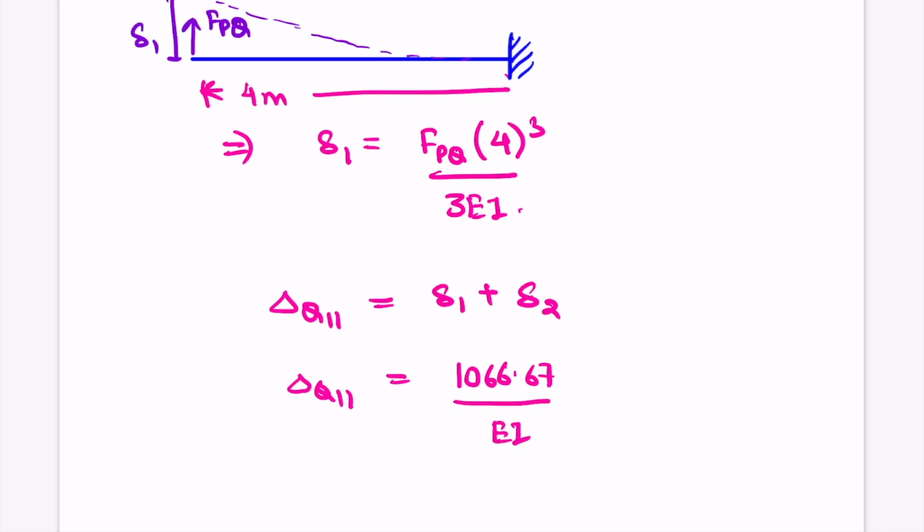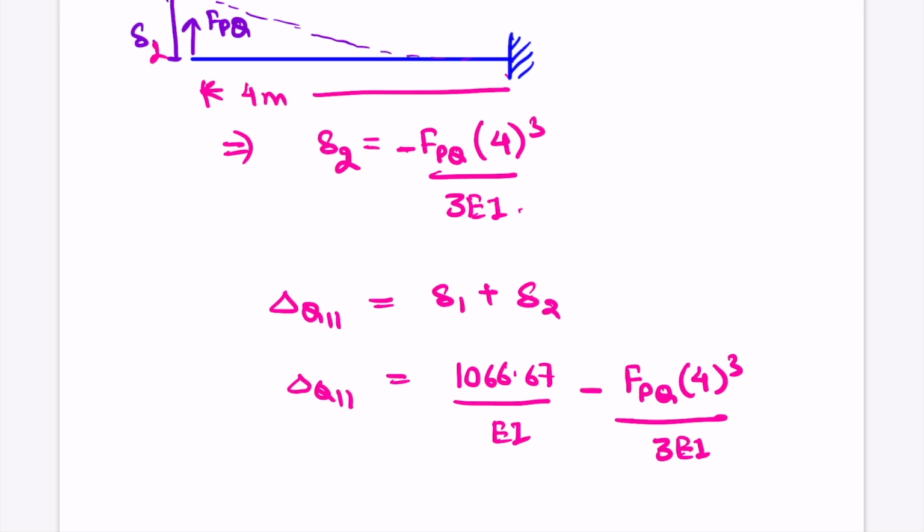So delta 2 is this term with minus sign. Why negative? Because we are considering downward as positive and upward deflection as negative. Since this load is causing this delta 2 to deflect in upward direction, it will be minus. So minus FPQ 4 cube divided by 3EI.